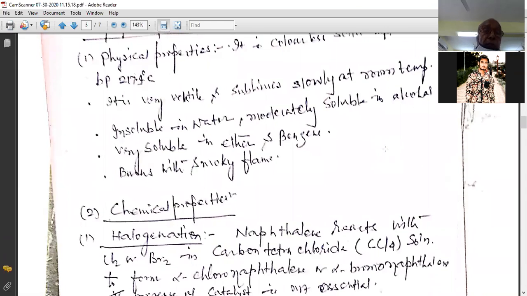And properties of naphthalene can be divided into two parts: physical properties and chemical properties.